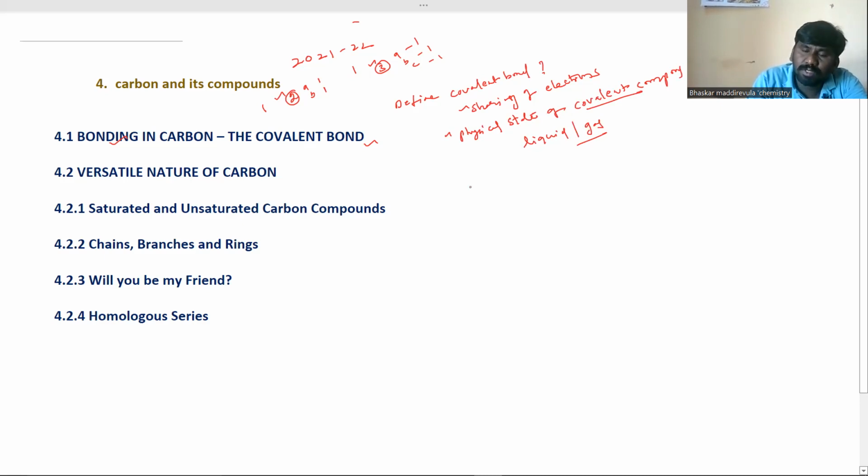Or they may ask, why do covalent compounds possess low melting and boiling points? There is a possibility of a 1-mark question like this. Why do covalent compounds or carbon compounds have low melting and boiling points? The reason is weak forces of attraction between the molecules.